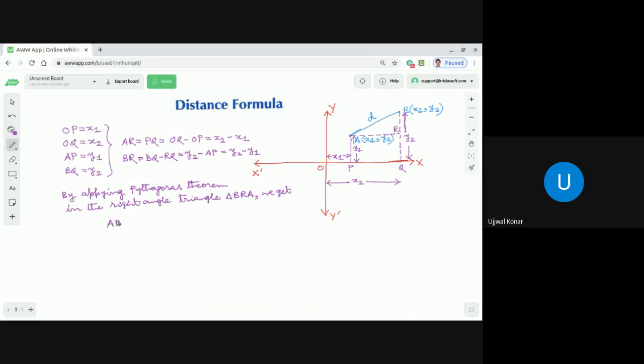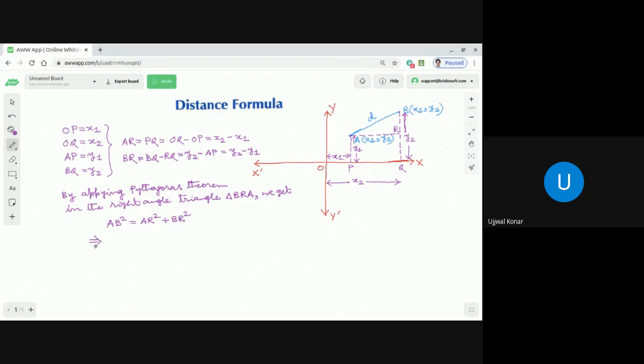AB is the hypotenuse in the right angle triangle BRA. So what we are going to get is that AB square is equal to AR square plus BR square.